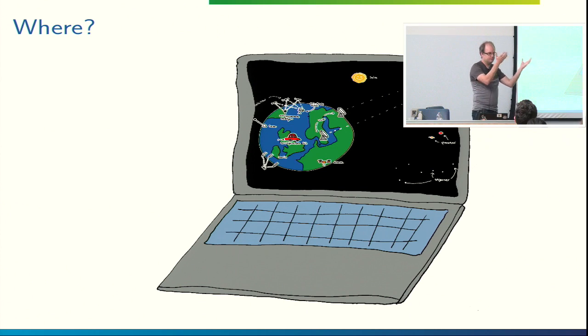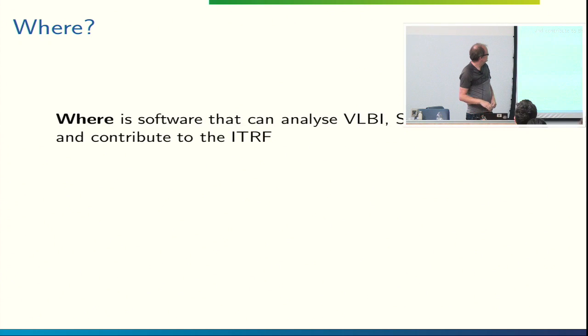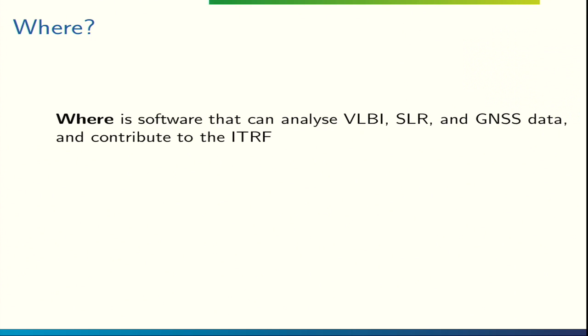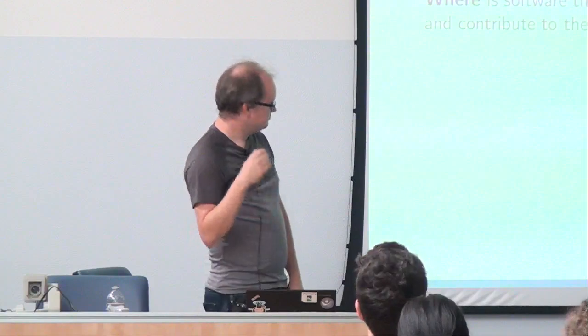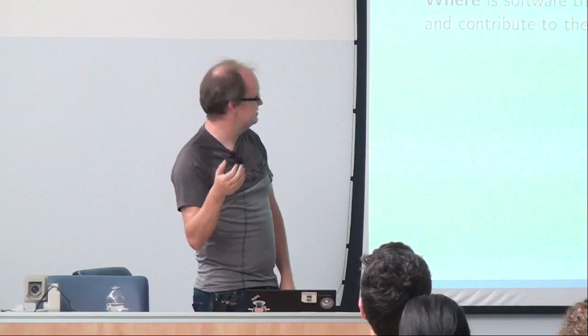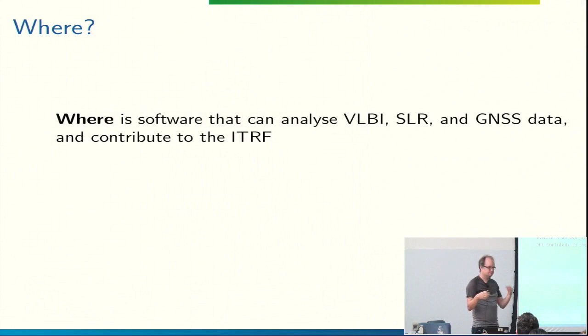We could try to figure out the wobble. We could try to figure out station positions and things like this. So Where's the software where you can analyze VLBI, SLR, and these GNSS data and contribute to the ITRF? So I guess I didn't say so, but the ITRF is constantly updated, where constantly means probably about every 5 years or so. So the latest ITRF was 2014. There'll probably be a new one in 2020.